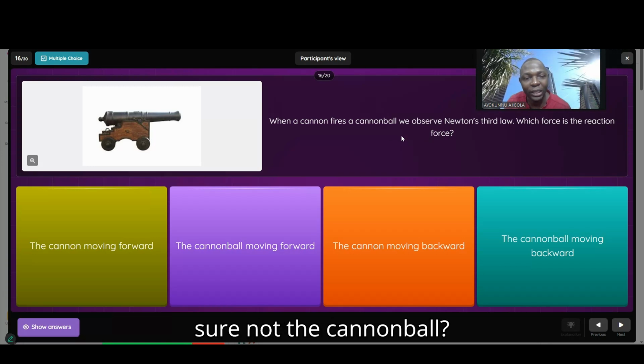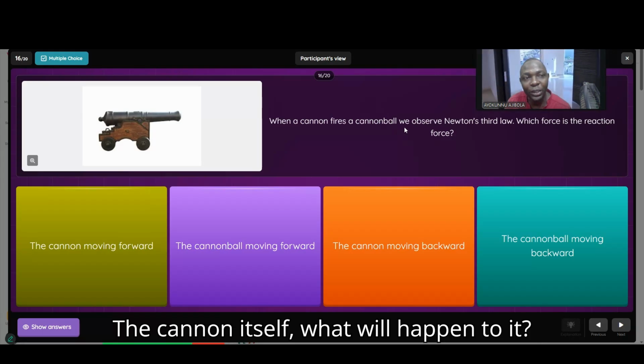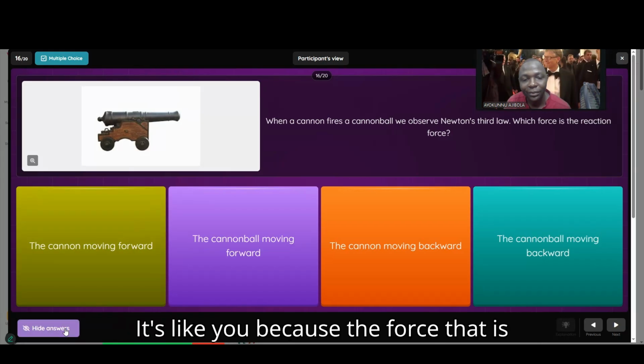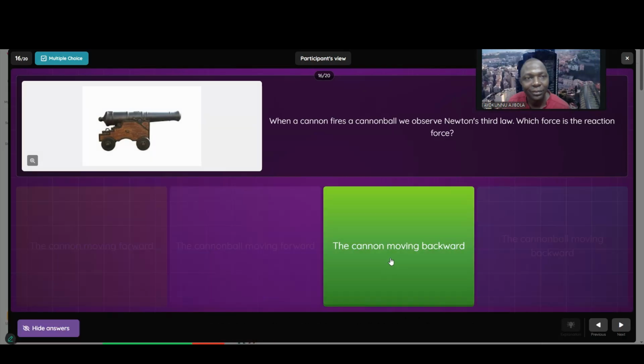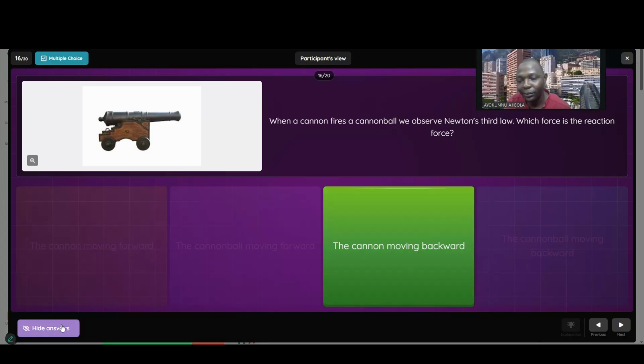Are you sure? Not the cannonball. The cannon itself, what will happen to it? Because of the force that is used to release the cannonball. Yeah, it will move backward. I got it.